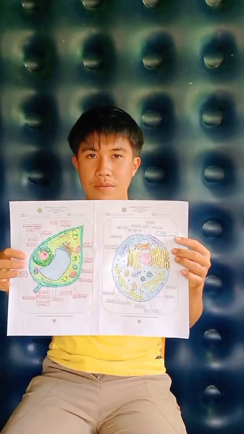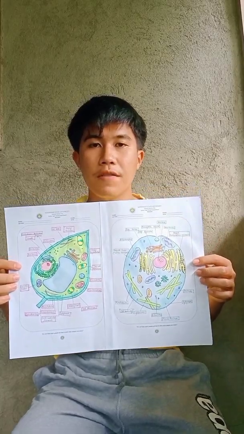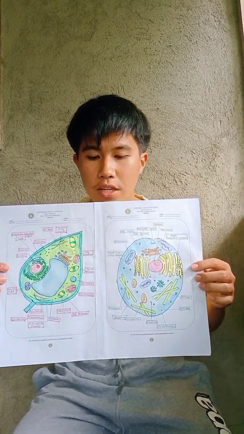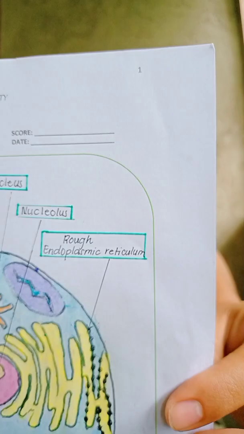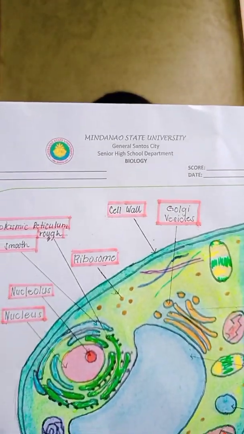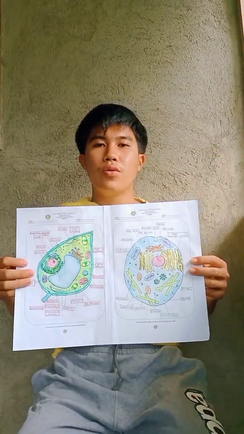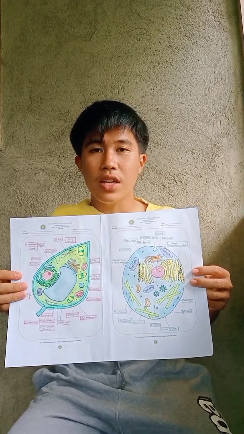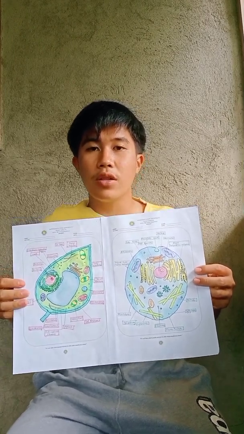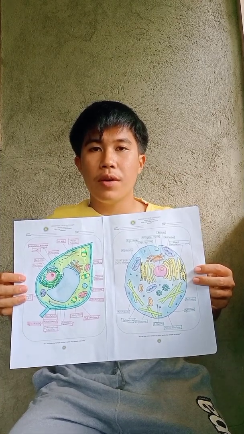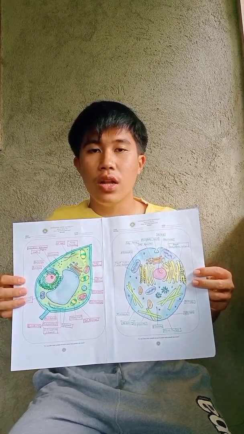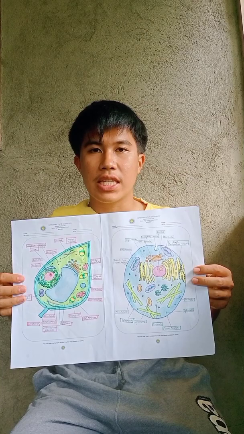So the next one is the rough endoplasmic reticulum. It is present in plant and animal cells. The rough endoplasmic reticulum is studded with a million membrane-bound ribosomes. It is involved with the production, folding, quality control, and dispatch of some proteins.